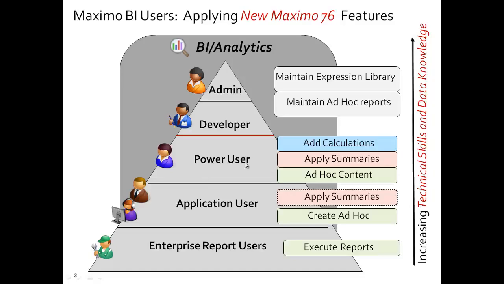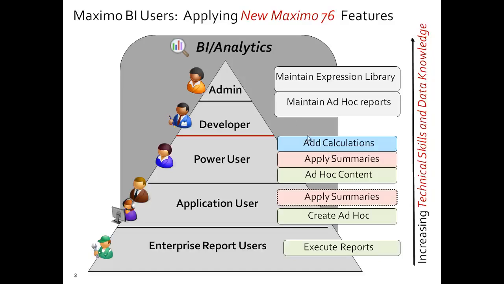In the middle, we have our power user. The power user is the one user who's going to be given access to all the ad hoc reporting features in 7.6. They're going to have the ability to create the ad hoc report, create a summary, and apply a summary, and also add a calculation. Calculations can be very simple, where we may be adding or subtracting a few different attributes, but they also can be very, very complex and can also have a number of different SQL functions involved.